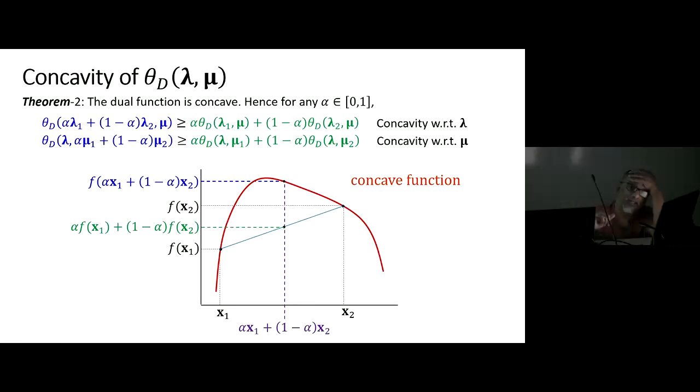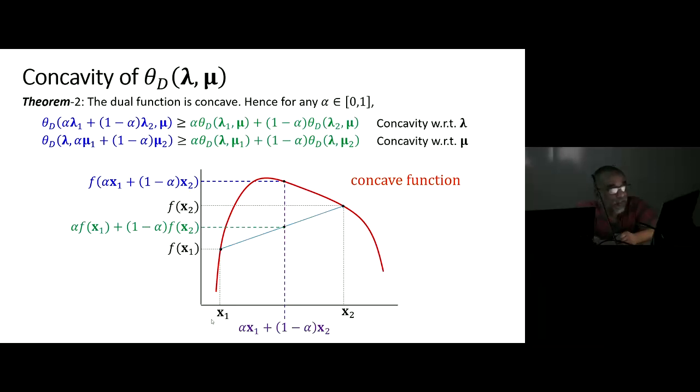Now let's recall what the definition of concavity is. We've seen the definition of a convex function, and the definition of a concave function is just the negative of that. So this red curve here is a concave function, f of x.